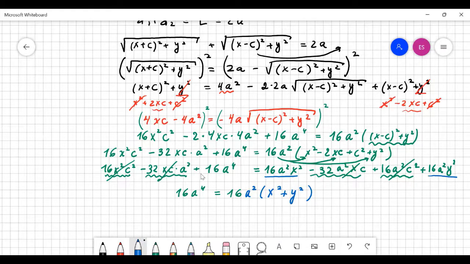I'm going to fix it. I think when I was canceling, I underlined the wrong term probably. Let me erase this. Well, I'm going to return it back. So it's going to be what? Oh, sorry, let's use a green marker. It's going to be what?